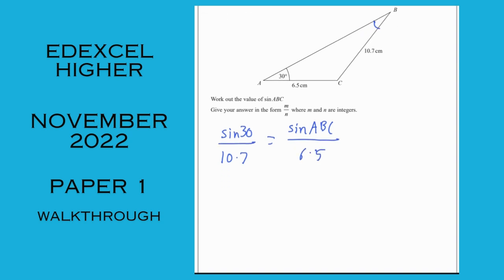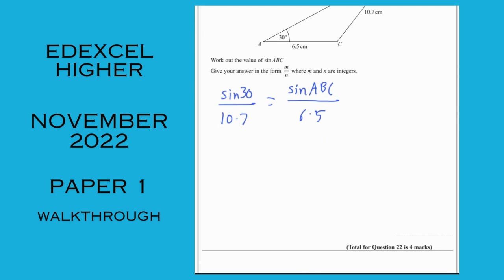So a couple of things now, we can give ourselves a bit more room. In order to write sine ABC equals, I will need to times both sides by 6.5. So the 6.5 will appear on the top of the fraction.